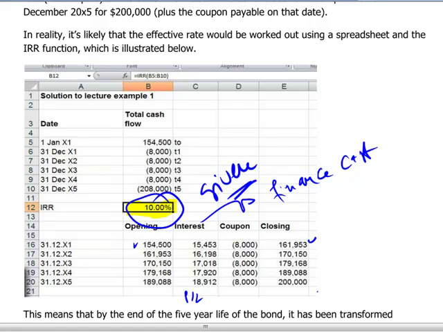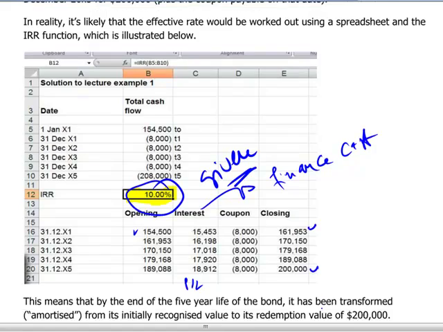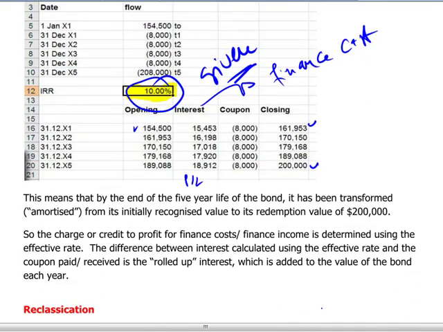It will slowly increase our liability. So at the end of year 5, we will reach the 200,000, which becomes payable to the holder of the bonds. In other words, the instrument was amortized from an initial value to the redemption value of 200,000.